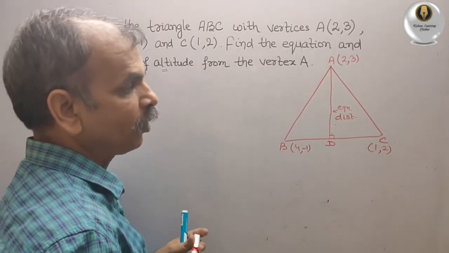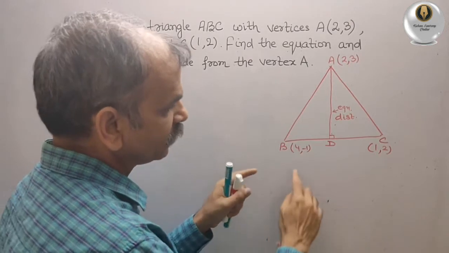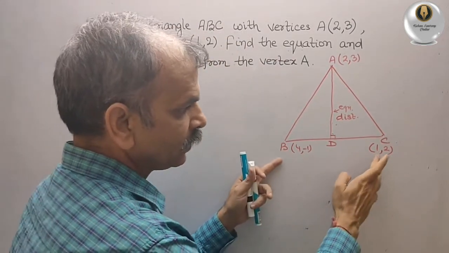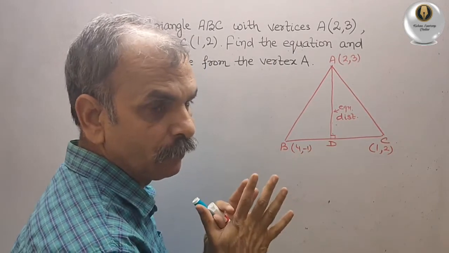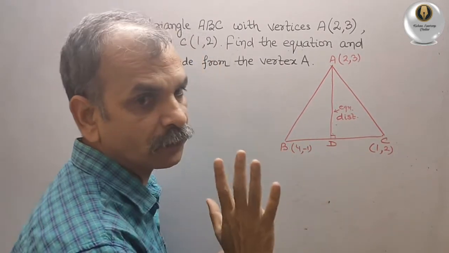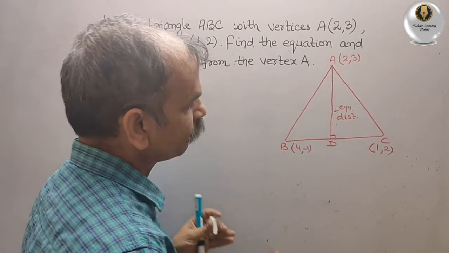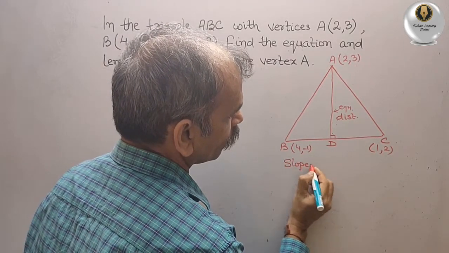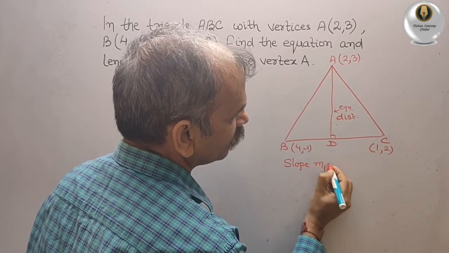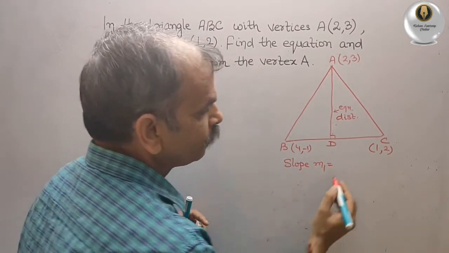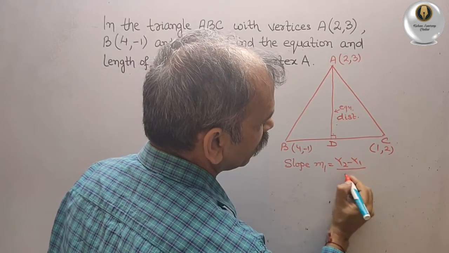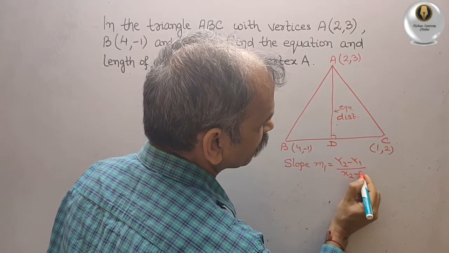Now, what we have to do first? First, this B and C, these are the two points we know. First, we find out the slope of this. The slope is M1 is equal to Y2 minus Y1 by X2 minus X1.